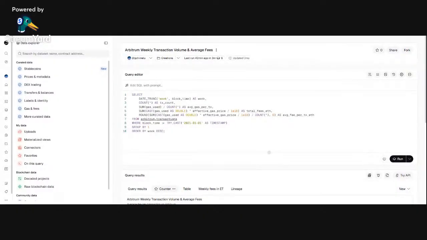So remember, I used this table when I was doing the lifetime value, the total number of transactions that have ever happened in Arbitrum, that's 2.4 billion. Then block time, I started at 2021 because Arbitrum launched in 2021. I could not find the exact date the testnet started.